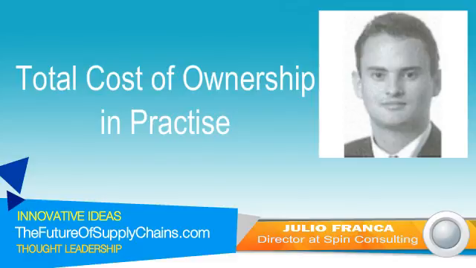Then the third point is to work with finance, as an independent entity, to calculate with credibility the real total cost of ownership, making the bridge between supply chain planning and procurement, and then base the decisions on hard facts and on quantitative and qualitative variables.